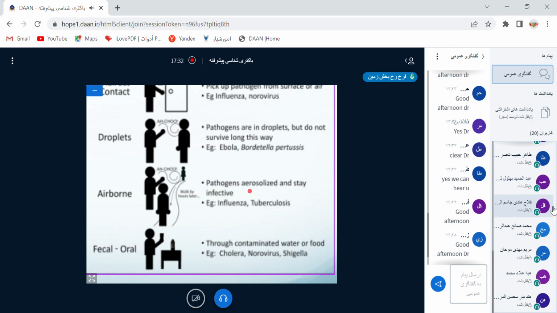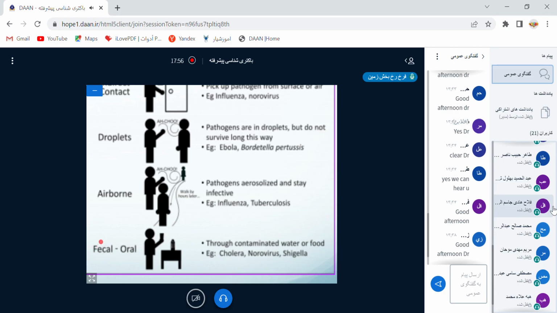Airborne: pathogens aerosolized and stay infective. So immediately by air, transferring from one person to another: influenza, tuberculosis. Fecal-oral, through contaminated water or food.